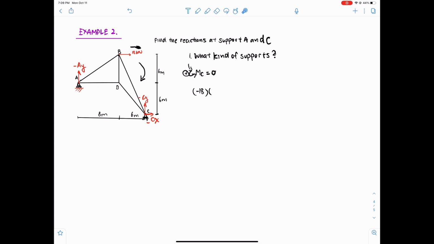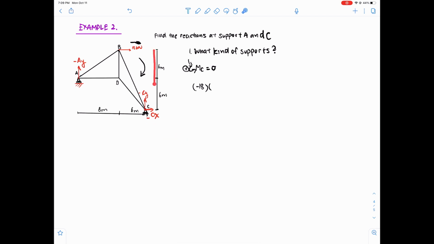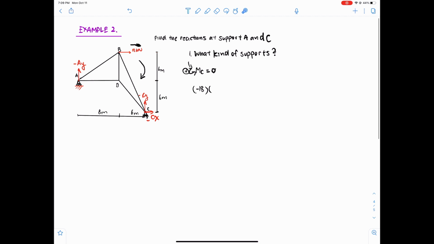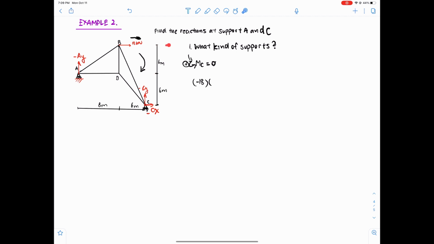Well, for this, we have to just recall that the best way to push on a door is simply perpendicular, right? So it's the distance that is perpendicular to the force that we need to take account of. So this would just be 6 meters plus 6 meters, for a total of 12 meters. So that is from this force and perpendicular to this force, 90 degrees here, and then all the way to point C. All right, simple enough.